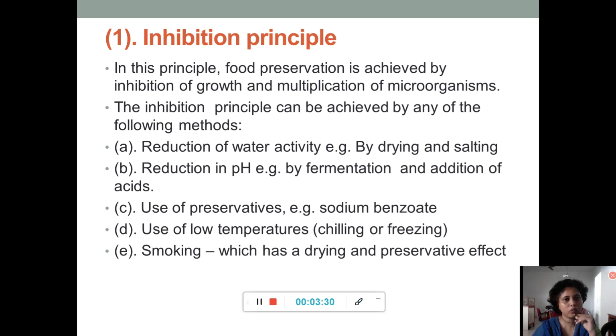But in another way, you can also add certain acids into it. In the case of some foods, we may add vinegar. Vinegar will reduce the pH of the food. So that is one way to inhibit the growth of microbes. It's quite familiar for every one of us.